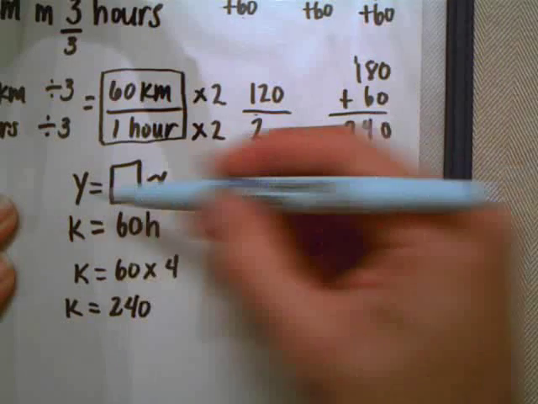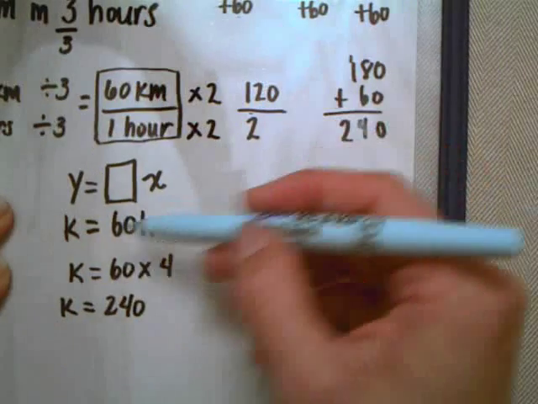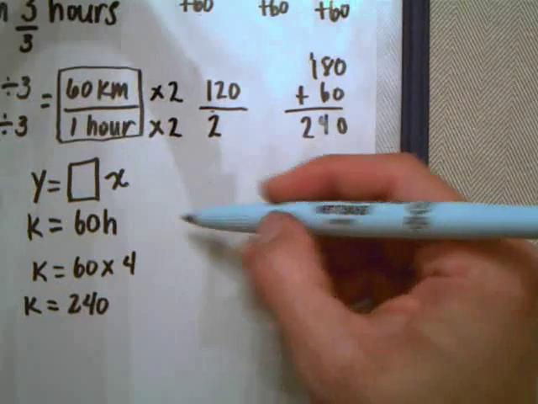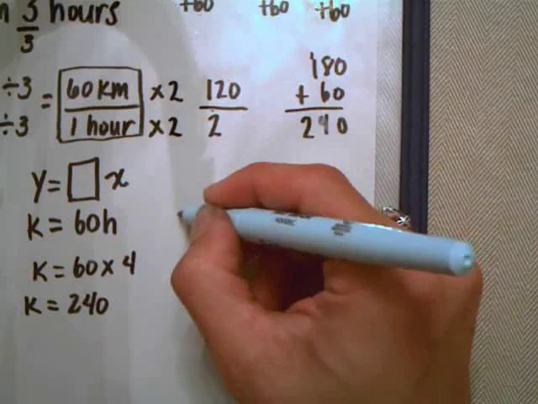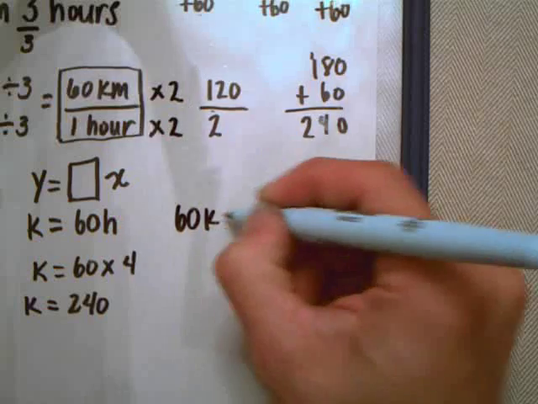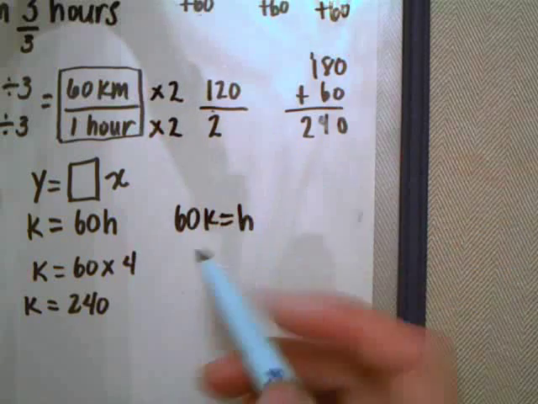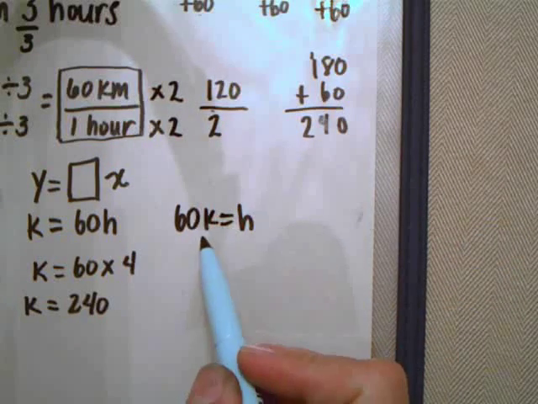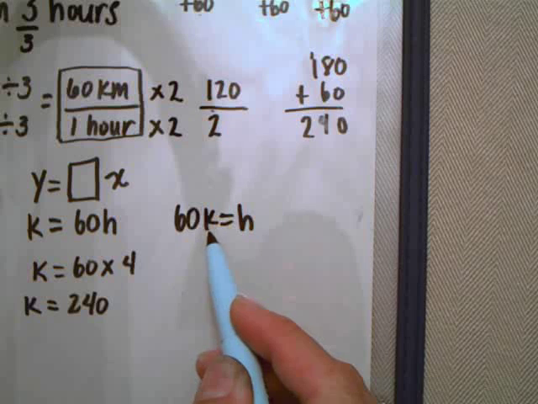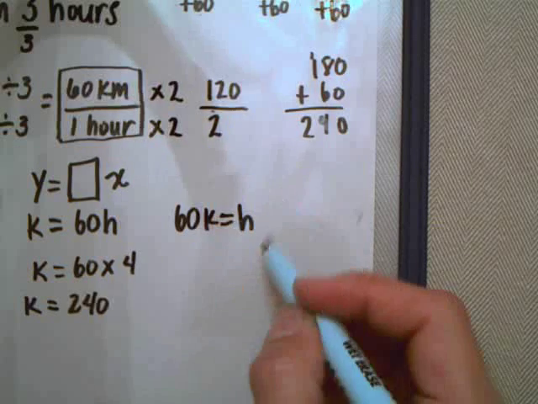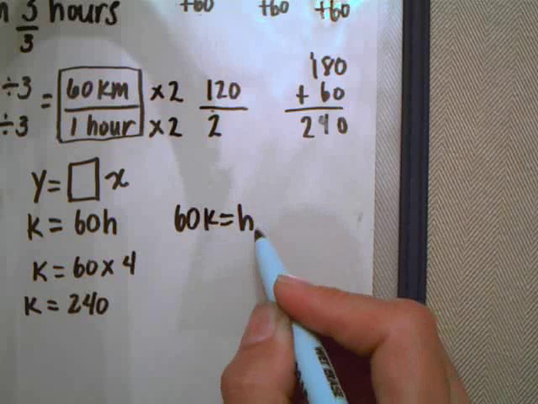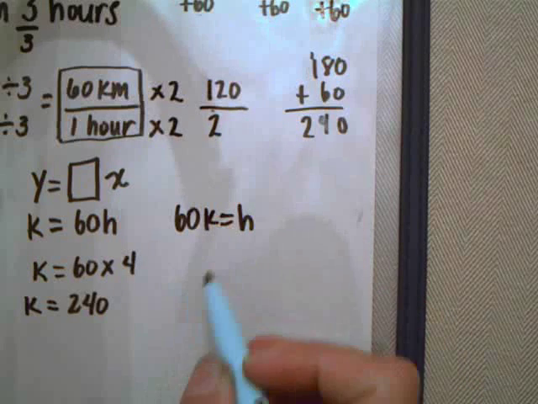If I did this the other way around, say, for instance, I goofed up and I made it 60K equals hours, what this is saying is I would have to multiply the number of kilometers by 60 in order to get the hours it took me to travel that far. Now, would that make a whole lot of sense?